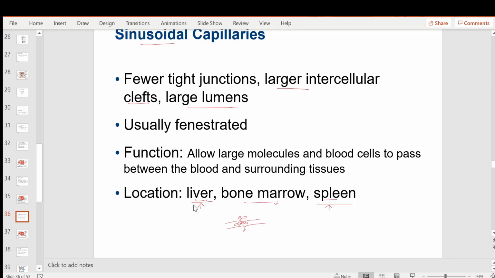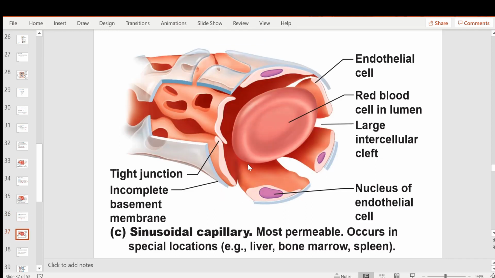So that's why in these organs you have the sinusoidal capillaries. The blood cells and large molecules can pass through the wall. Okay, so here you see the intercellular clefts are very large, and also the pores in the wall are very big.